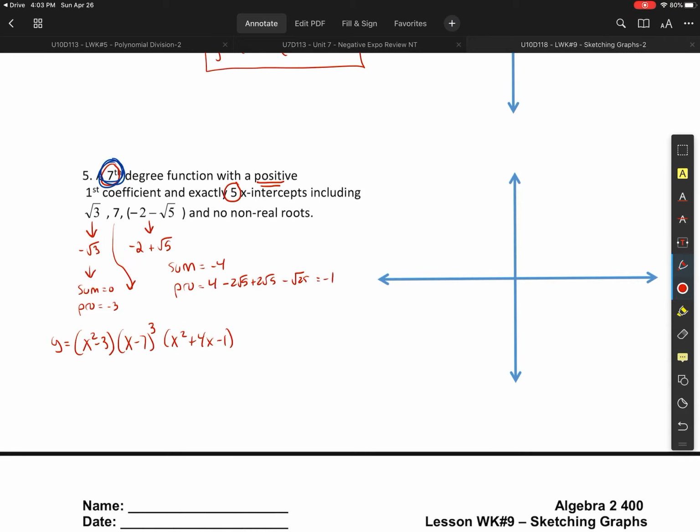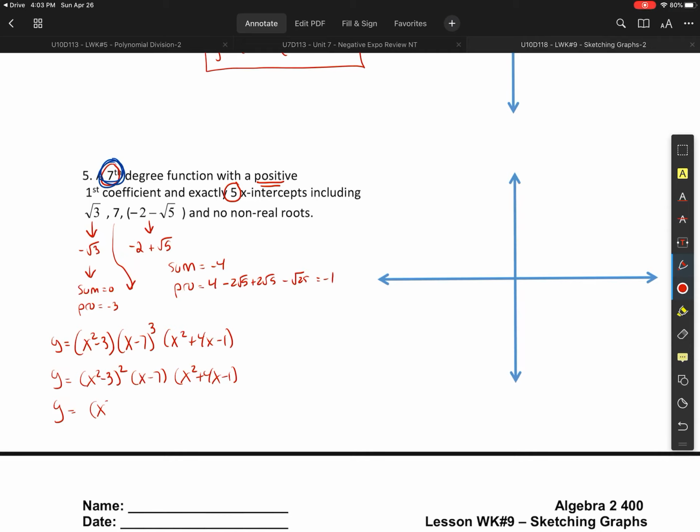That's an acceptable answer. But there are two other options that are sticking out in my head. y equals x squared minus 3 squared, x minus 7, x squared plus 4x minus 1. So this has a degree of 4, this has a degree of 1, this has a degree of 2. There's my 7.